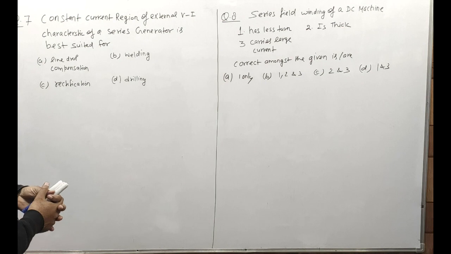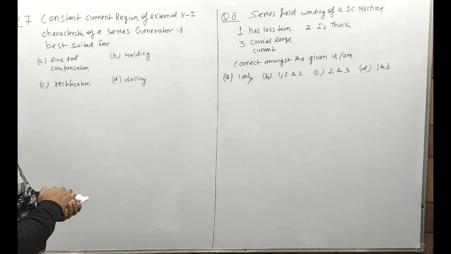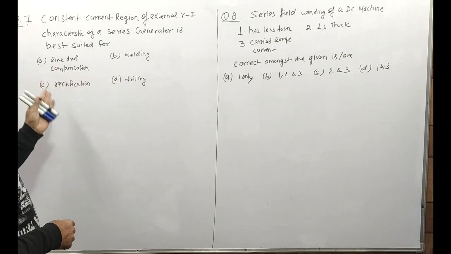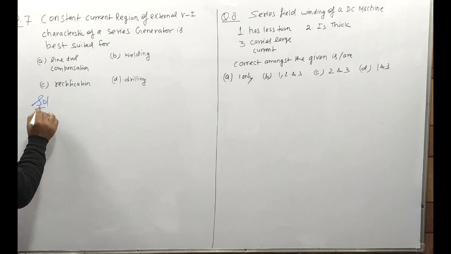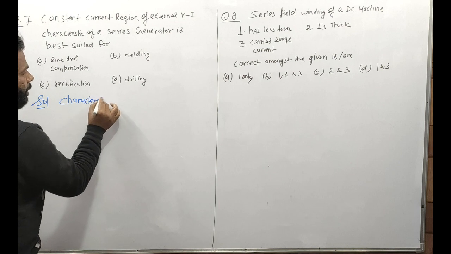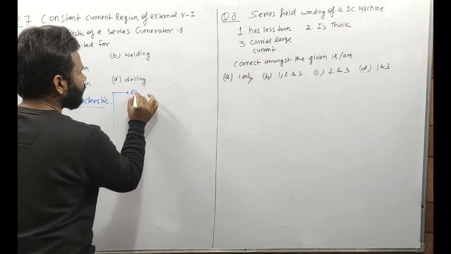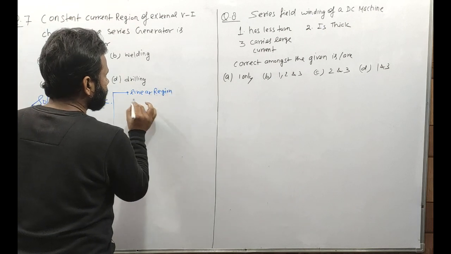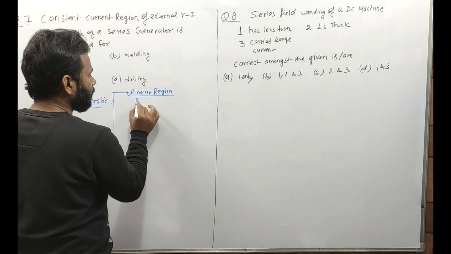The constant current region of external VI characteristic of a series generator is best suited for line drop compensation, welding, rectification, and drilling. So if you remember, the characteristic we have drawn many times. So characteristic is linear region. This linear region is suited for what? Booster.